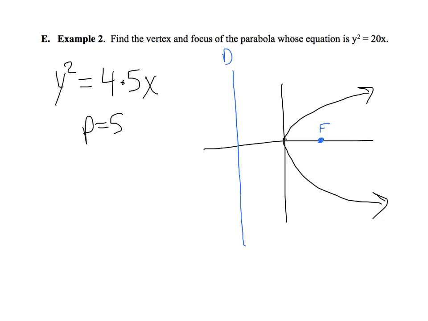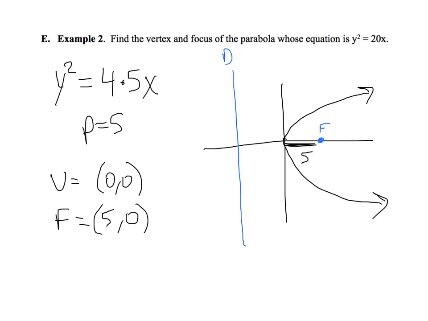And so my coordinates for this then would have to be, again, this distance right here has to be 5. So my coordinates are going to be for the vertex, in this case it's going to be (0, 0). My focus is going to be (5, 0). And my directrix, that's a line, it's a vertical line this time, so my directrix would be the line x equals -5.